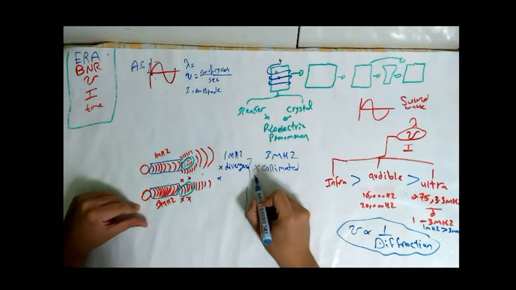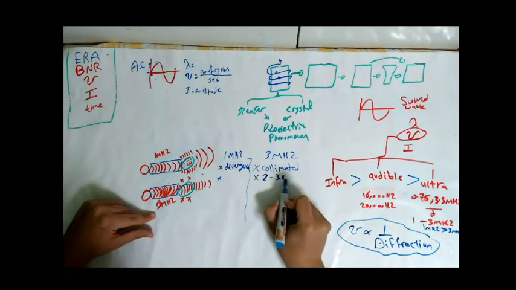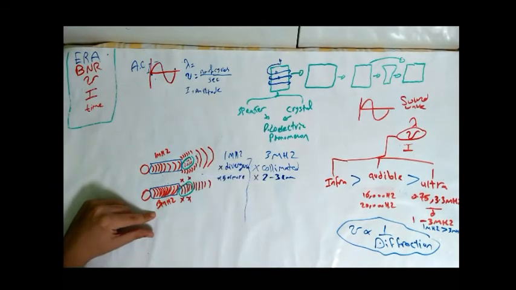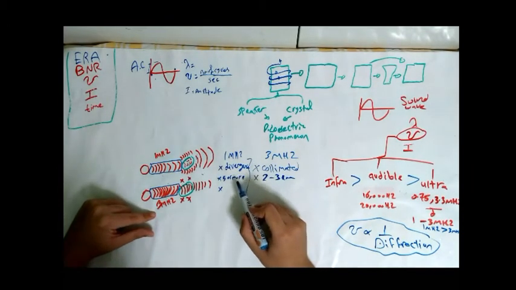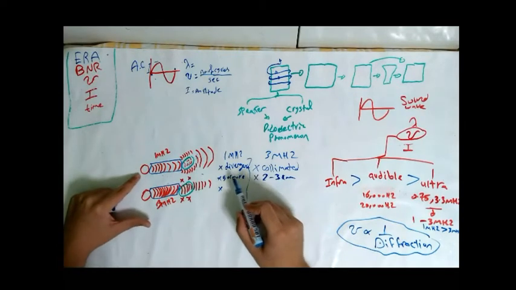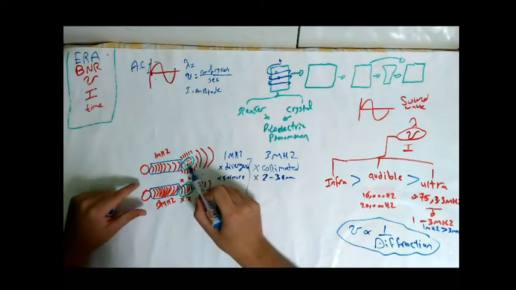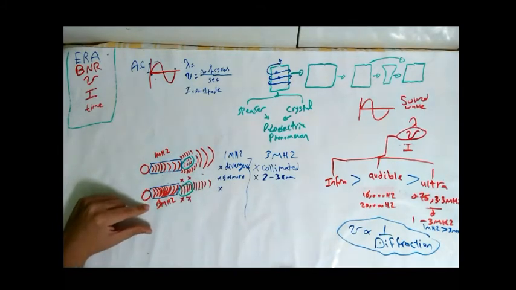So 3 megahertz can reach 2 to 3 centimeters, while 1 megahertz can reach 5 or more centimeters. Also, since 1 megahertz doesn't penetrate the obstacle, it doesn't lose its energy, while 3 megahertz lost its energy to the obstacles.